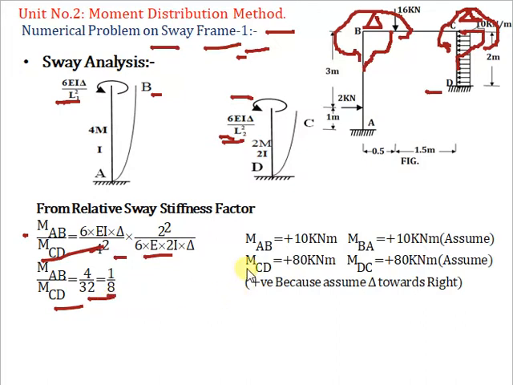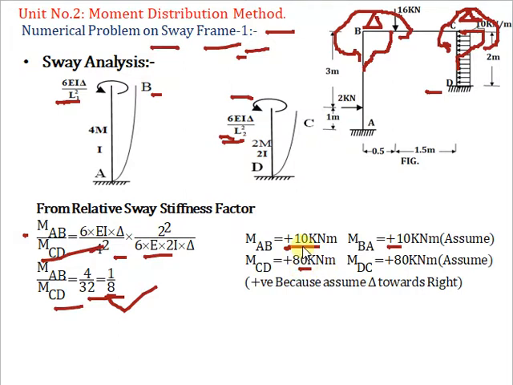Now let's assume some values for MAB and MCD in the proportion 1 by 8. Let's consider MAB as 10 kilonewton meter, in the anti-clockwise direction. According to this ratio, if MAB is 1, then MCD will be 8 times that, so it becomes 80 kilonewton meter, also anti-clockwise. You may take any value, 20, 30, likewise.